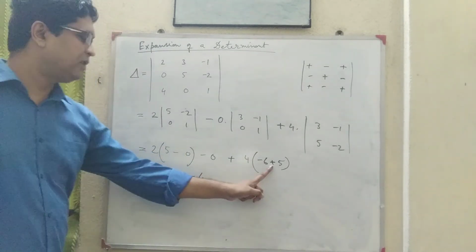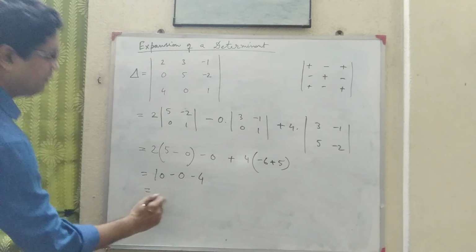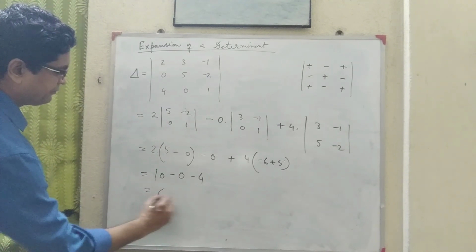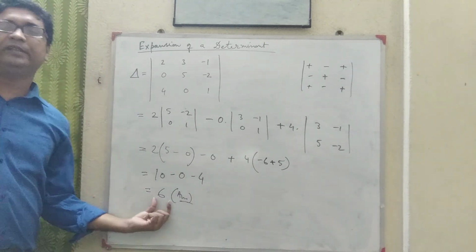So 4 into minus 1 is minus 4. So we have actually 10 minus 4. 10 minus 4 is 6. So as I said, you see the same value 6 is coming.